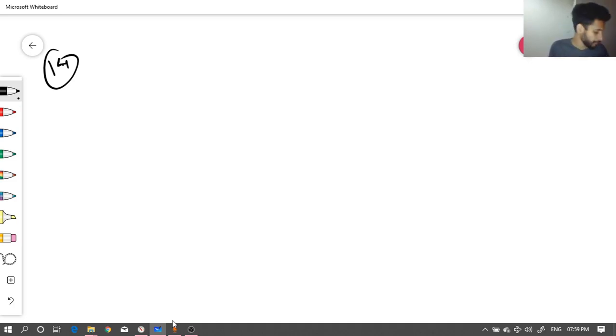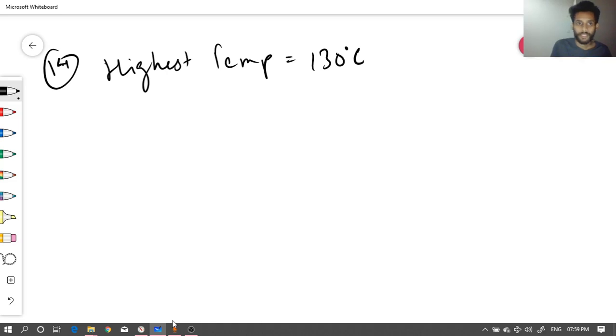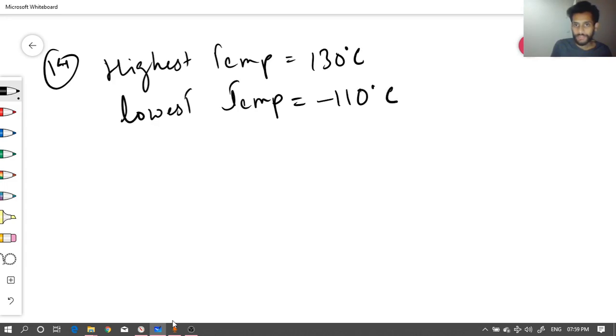So again, difference means minus. So here first of all we will write the highest temperature. Highest temperature is equal to 130 degrees centigrade, and the lowest temperature will be minus 110 degree centigrade.